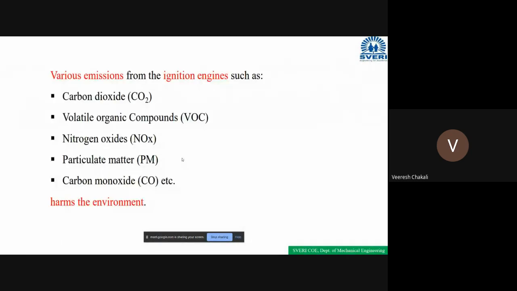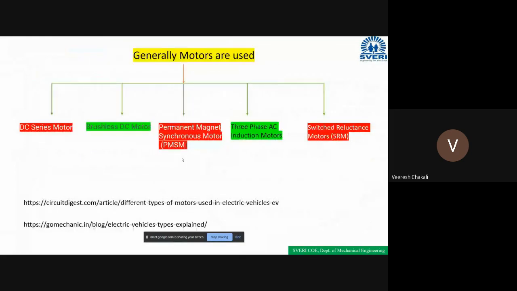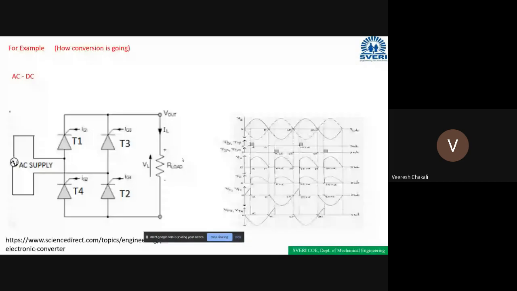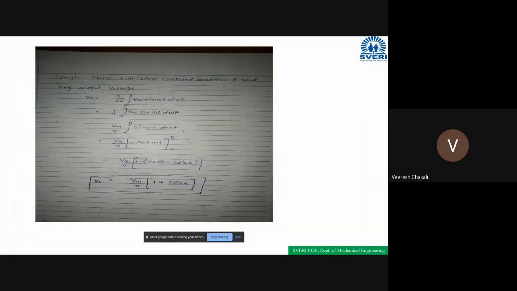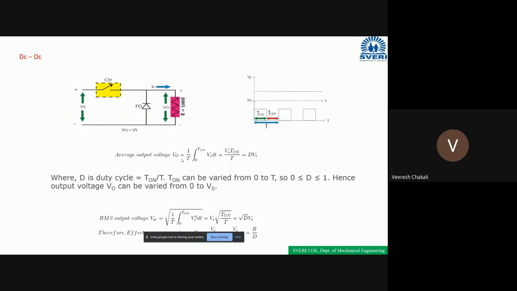The components are electrical motors, batteries, and converters. What is the role of the converter in electric vehicles? How it converts from AC to DC, DC to AC, and DC to DC, and so on. We have seen this in the previous lecture. Clear?